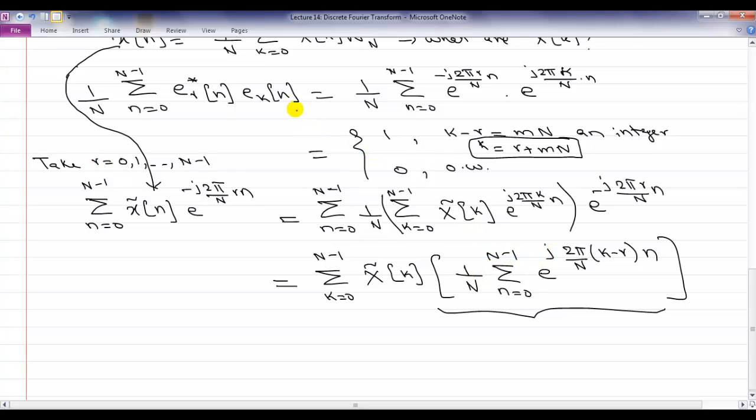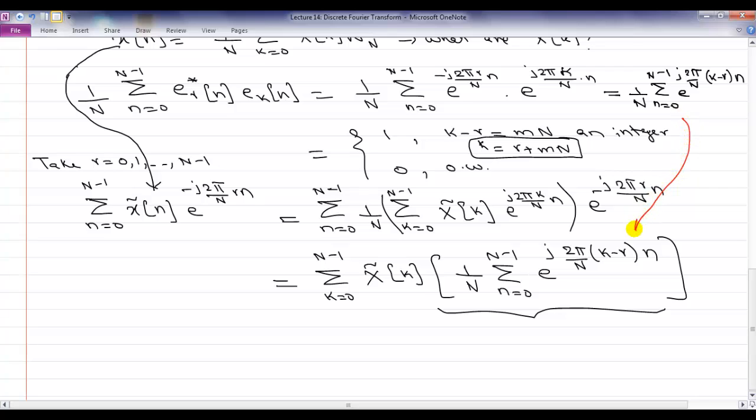I have talked about this expression: if you multiply two exponentials, I can just write this in the same form to make it easier, the sum from n equal to 0 to N minus 1 of e to the j 2 pi over N times (k minus r) n.